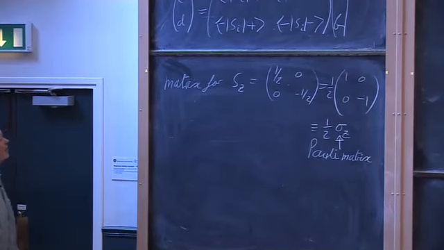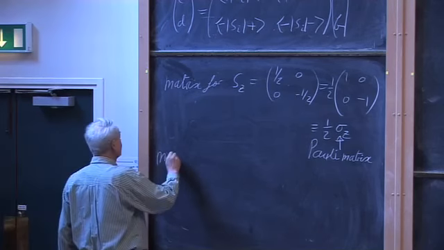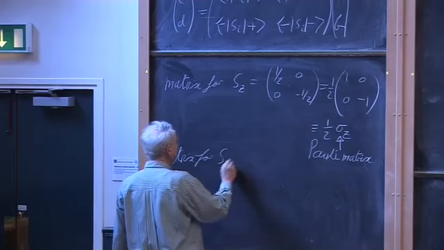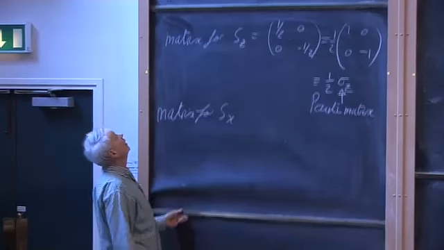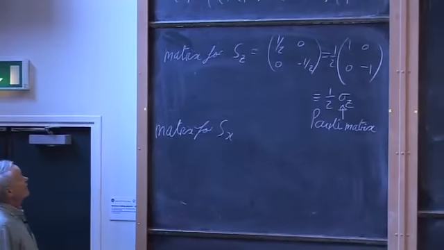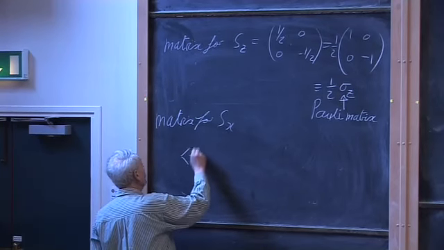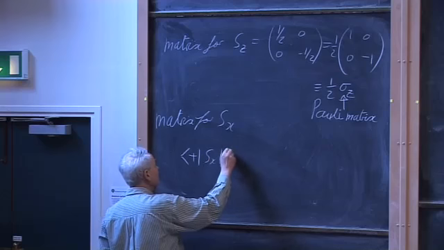Okay, so more interesting is if we ask ourselves, what's the matrix for Sx? So the matrix for Sx is going to involve things, well, for example, plus Sx plus.